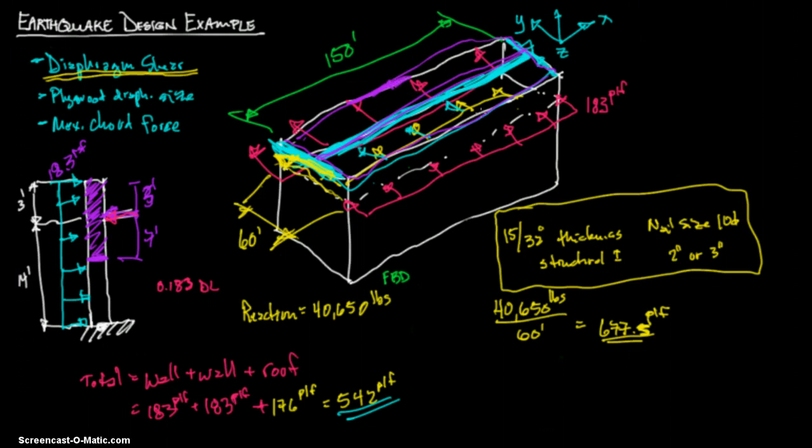So if the forces are going this way, you have a uniform distributed load going this way, then if you think about it, this will be in tension. Actually, I did draw it correctly. And this will be in compression. Let's draw like that. So compression, tension.